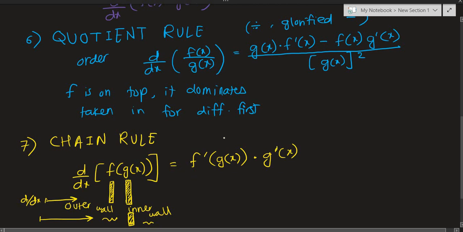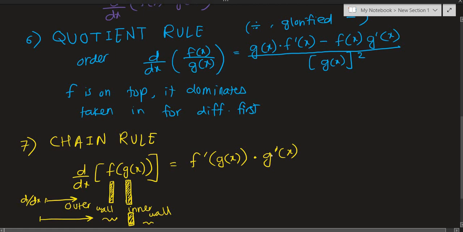So outside wall broken is f differentiated with respect to x, but when you break the outer wall, the inner wall is still intact, right? So that's why g of x is still intact inside f prime, although f got differentiated, although the wall f got broken, but multiply, because you still have to break the inner wall, right?